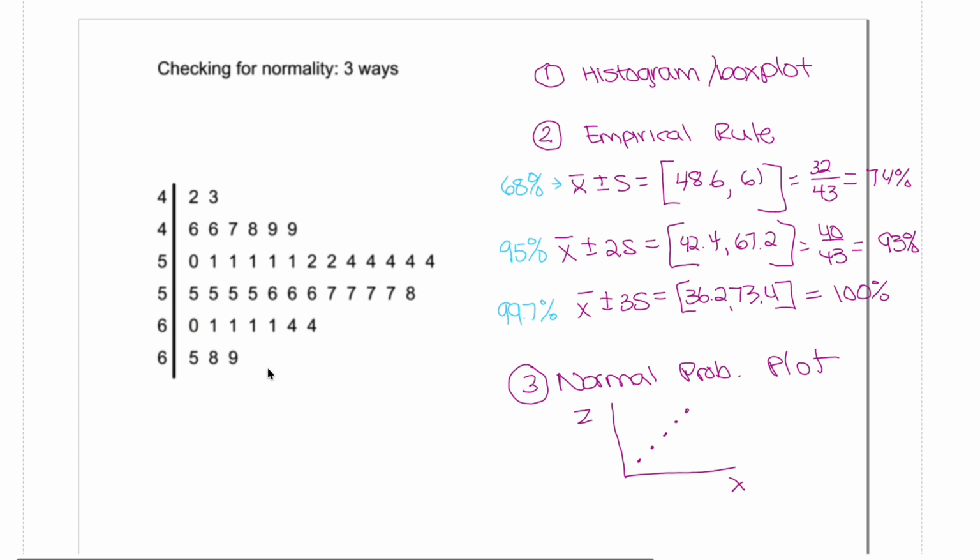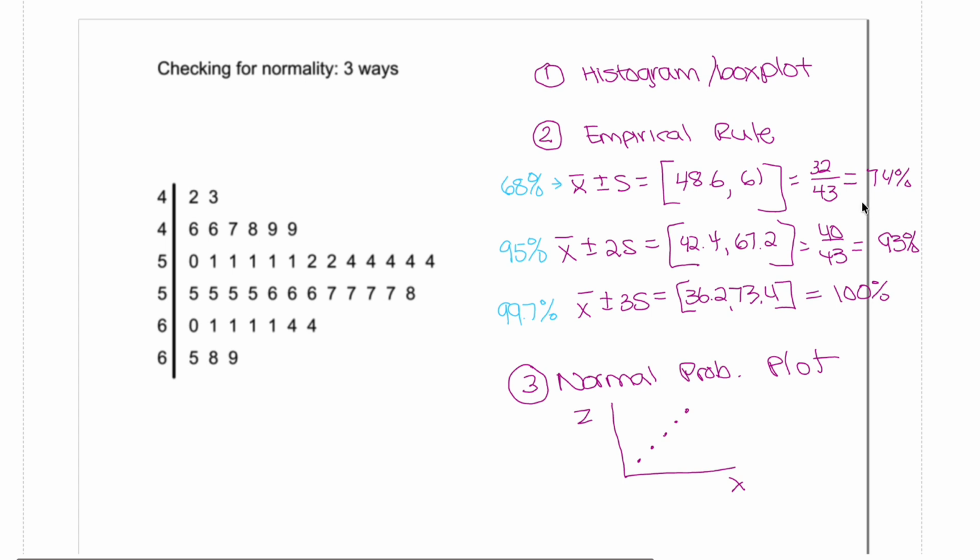After you did that, please make sure you know how to find, for example, if I ask you what the middle 68% of values lie between, you should be able to tell me that it is between 48.6 and 61, which is around 74% of the data.